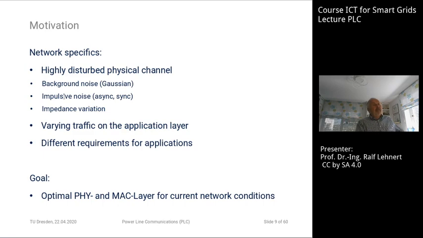This impulsive noise is directly related to the switch activity. In this case, it is asynchronous to the mains frequency of the power network, which is 50 Hertz in Germany, 60 Hertz in many other countries. And also there is some background noise. And we will discuss what kind of background noise is possible in the next slides.